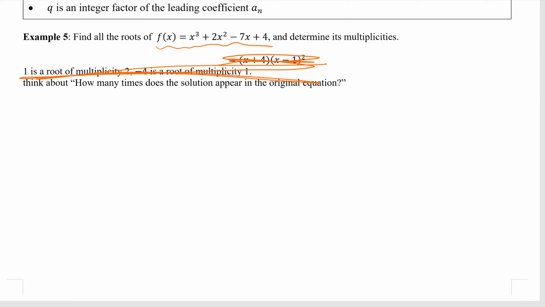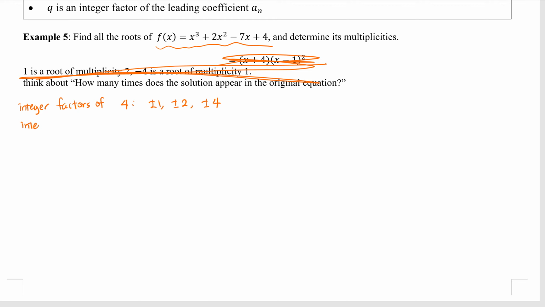First step, we look at factors of the constant term. The constant term is 4. So the integer factors of 4 are plus or minus 1, plus or minus 2, and plus or minus 4.